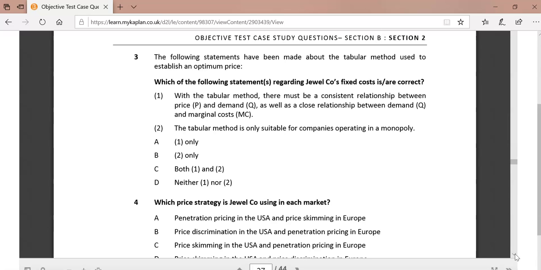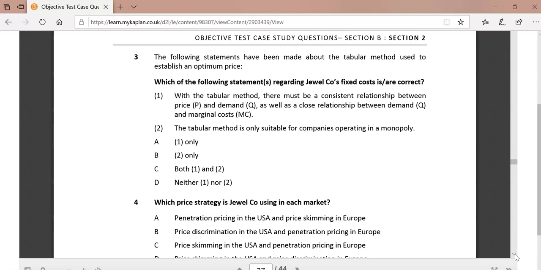So one is wrong. The tabular approach is only suitable for companies operating in monopoly. Yeah, I'd go as far as saying that, yes, that's true. Because really, there's no other way to analyze your information. And in companies that are having a lot of movement in their curves, there's just a lack of regularity.